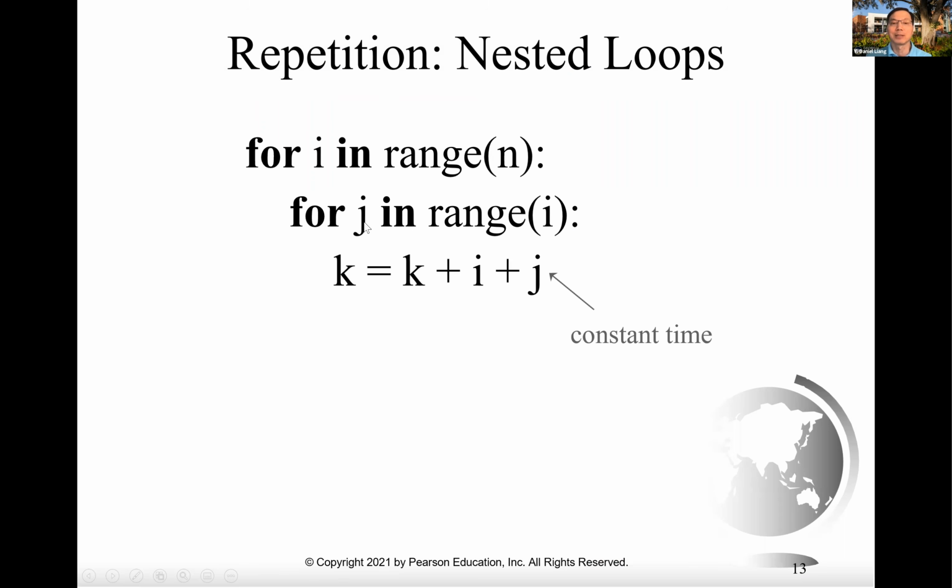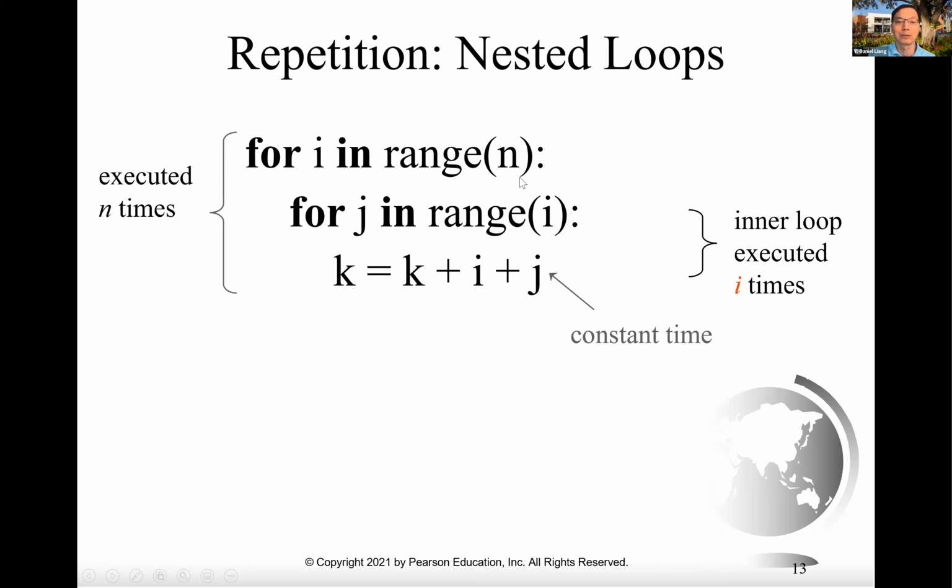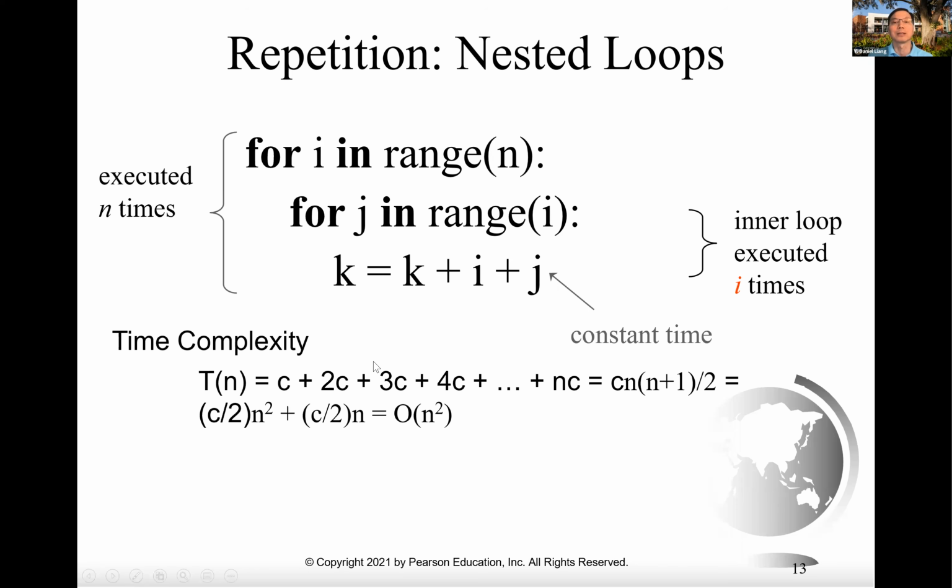Now how many times is this j loop done? It depends on i. When i is 0, there's nothing. When i is 1, you do it 1 time, then 2 times when i is 2, and 3 times when i is 3, up to the last one. The total complexity is you add all this together: 1 time, 2 times, 3 times, up to n times. Together, it is O(n squared) time.